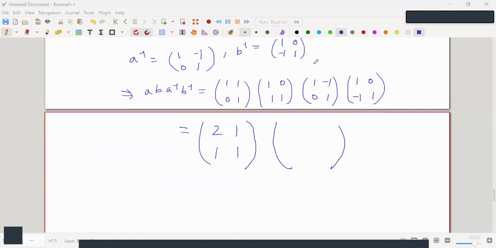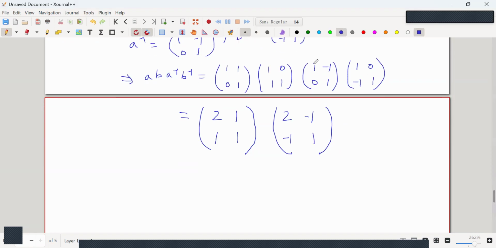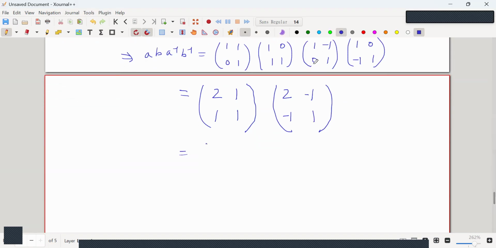This will give 2 again, and this will be minus 1, and minus 1, 0, 1, right? What will it be?